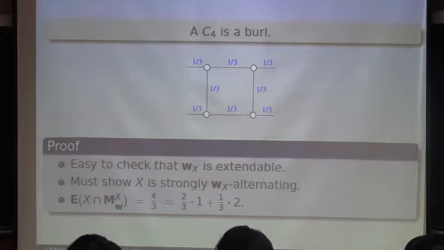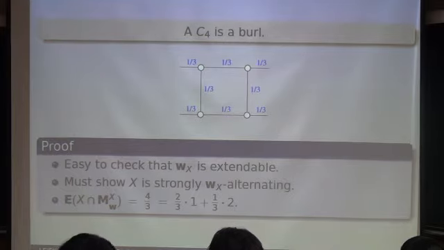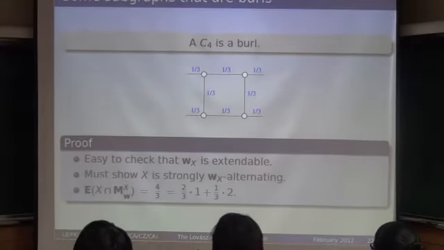So you're going to have an alternating cycle in a C4 if you have, well, you can't have more than 2 edges in a C4 in a perfect matching, so you want at least 2 edges in the perfect matching. So just look at the expected number of edges in the perfect matching in the C4. It's just 1/3 plus 1/3 plus 1/3 plus 1/3, so 4/3. Therefore, the probability of having 2 edges is at least 1/3. And that's exactly what we need.